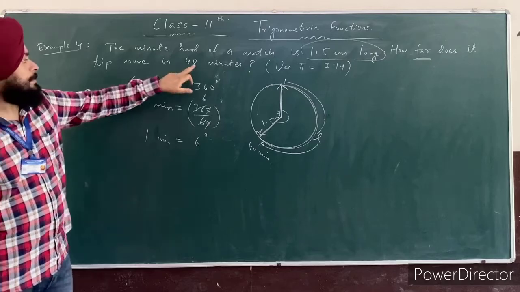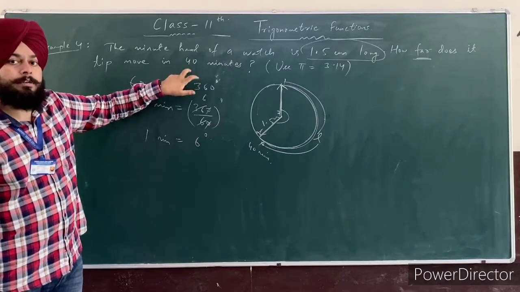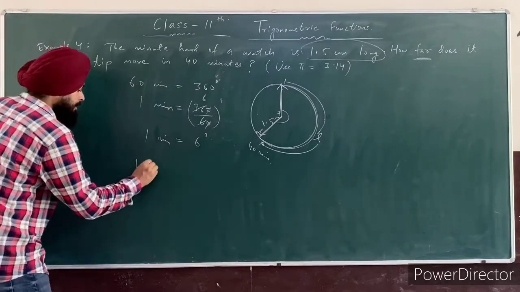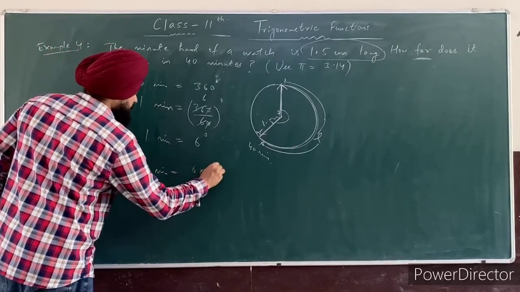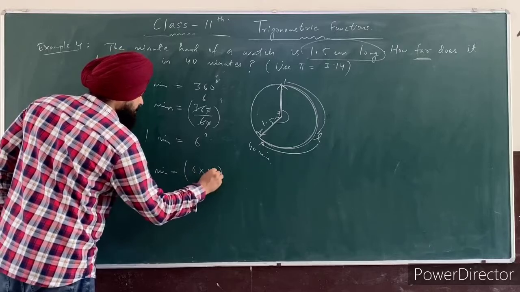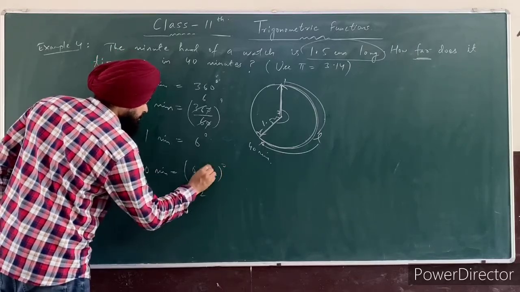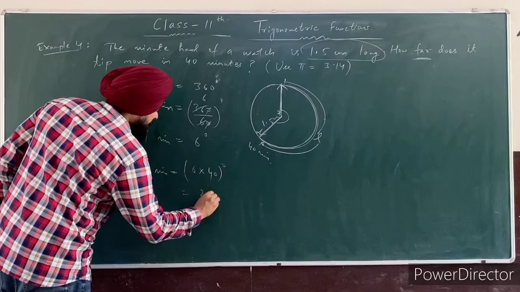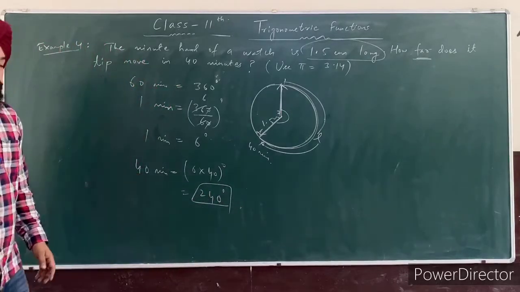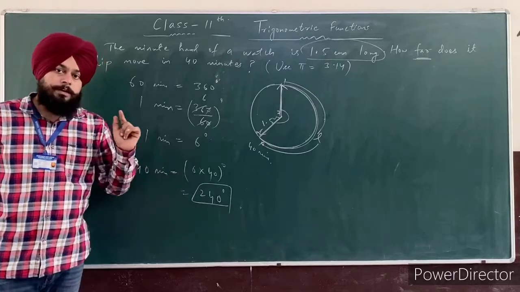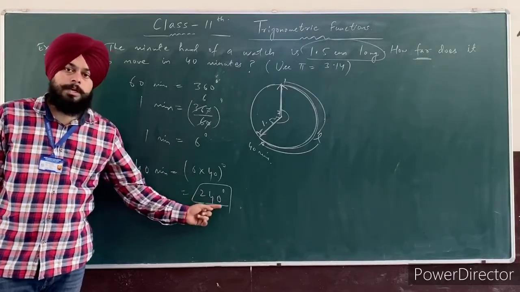We have to find in how much time, in 40 minutes. So in 40 minutes the minute hand of the clock rotates 6 into 40 degree. It is 240 degree. Clear? In 40 minutes the minute hand of the clock rotates 240 degree.